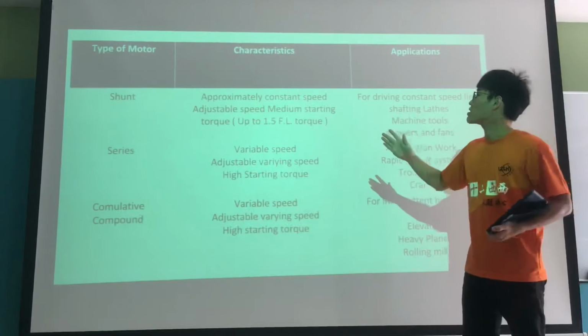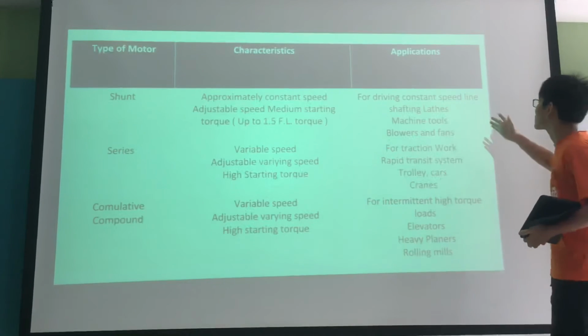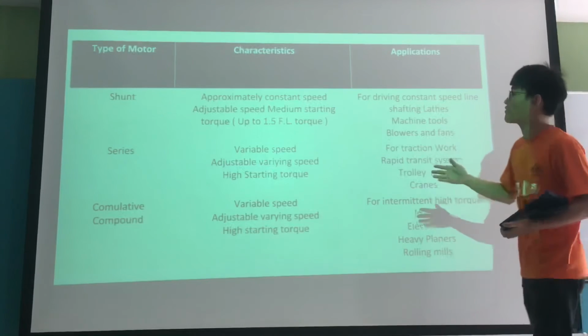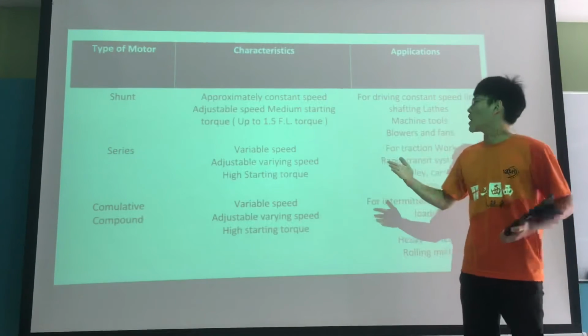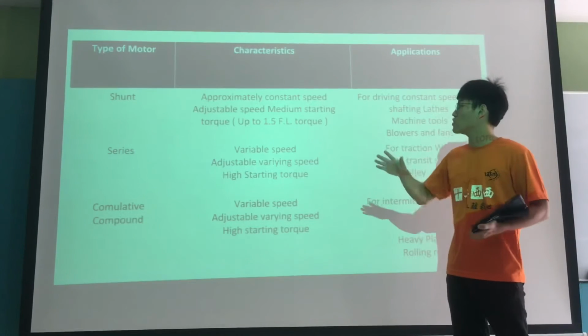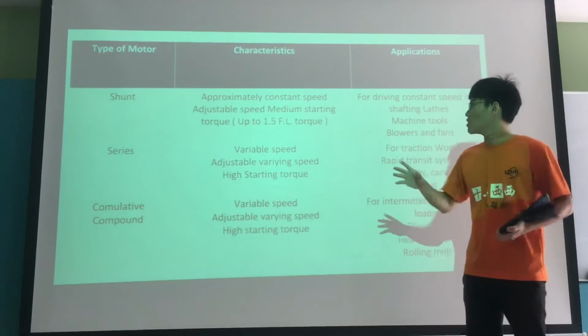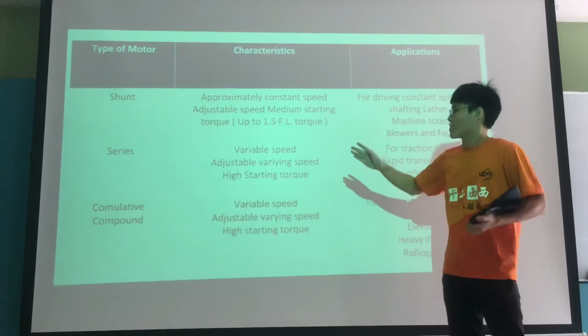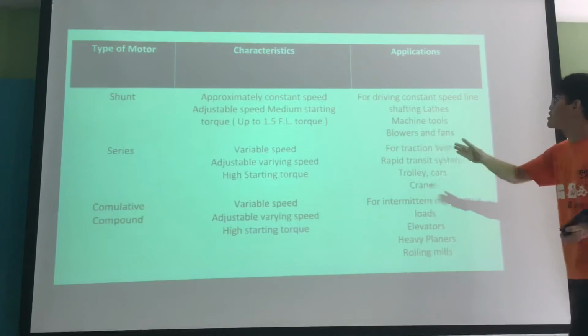For the shunt motors, they are used for driving constant speed lines and lathes, machining tools, and blowers and fans. They are characterized by approximately constant speed and very good adjustable speed, and medium starting torque, which is approximately up to 1.5. Next is series motors.